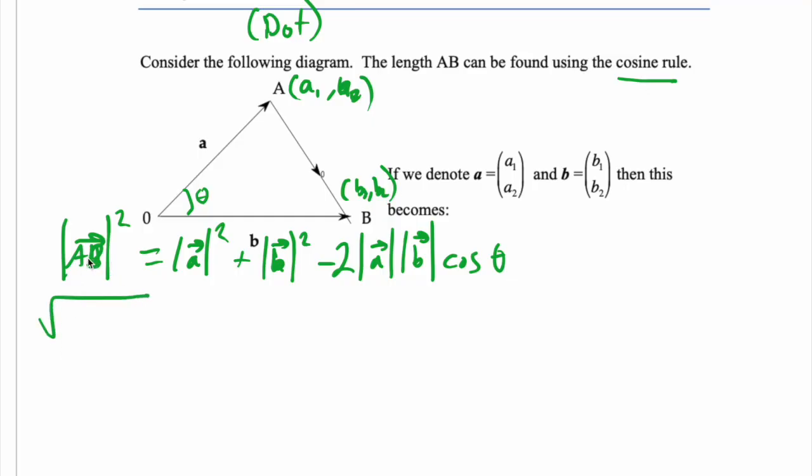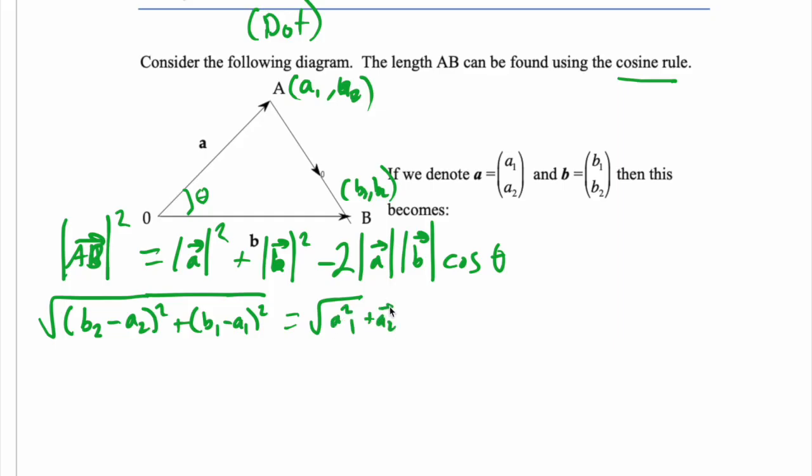So this works out to be, by the Pythagorean theorem, head minus tail, so we're going to have b2 minus a2, b2 is the y value, squared, plus b1 minus a1 squared. And that's the magnitude of A. That's just root a1 squared plus a2 squared.